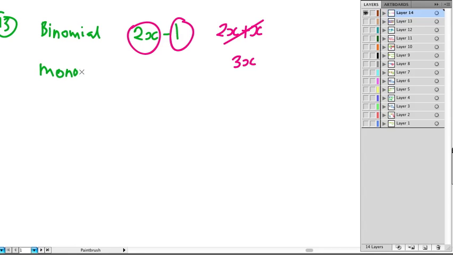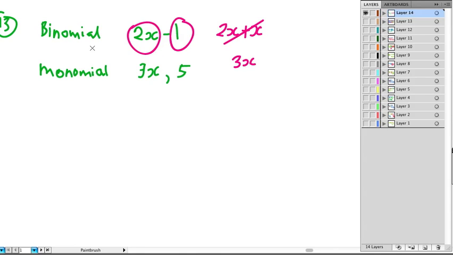Monomial is one term. So 3x would be an example of one term. Another example of a monomial would be 5. 5 is also one term.